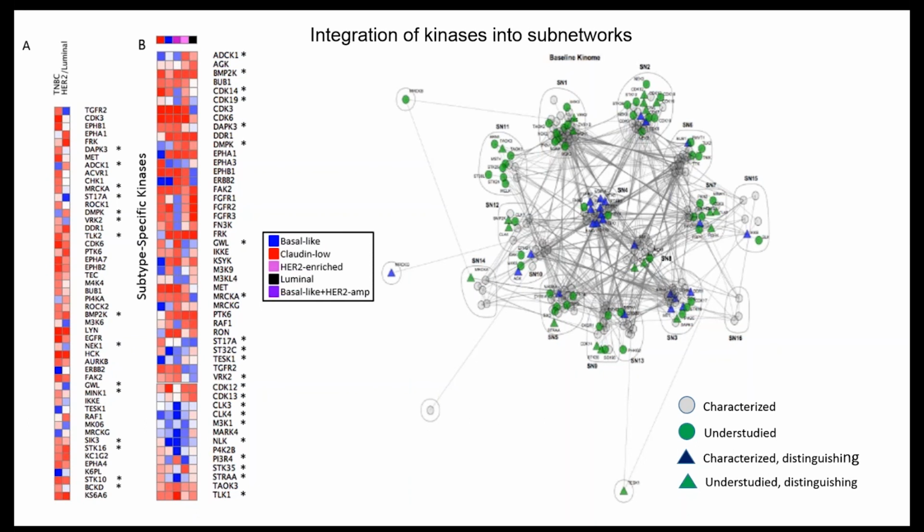So it really begins to show how the understudied kinases, in these lists that include the NIH list as well as our list, are integrated in the same subnetworks as I would predict, and I think everyone would predict. We're actually able to see how they begin to integrate into these functional networks.